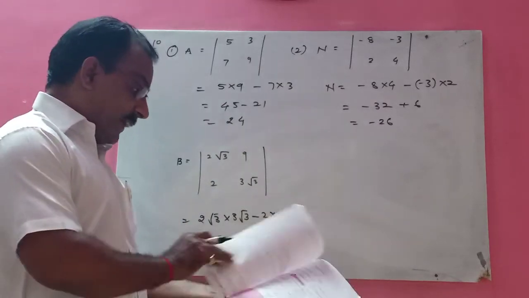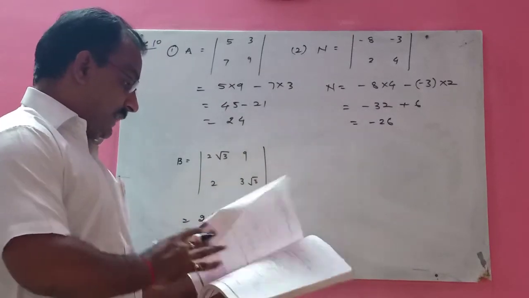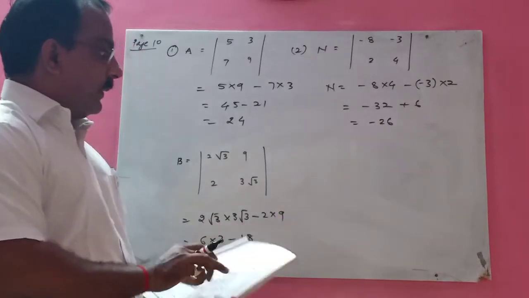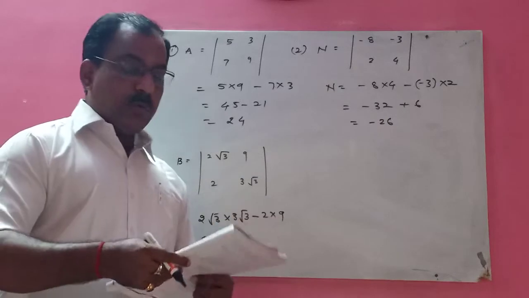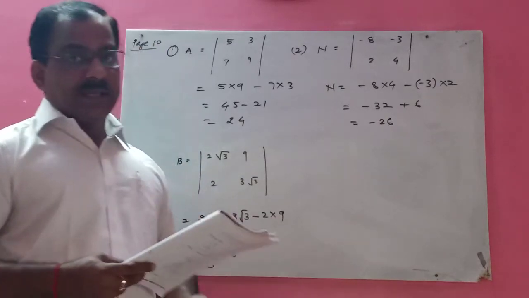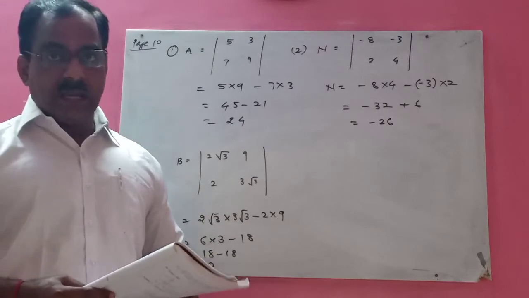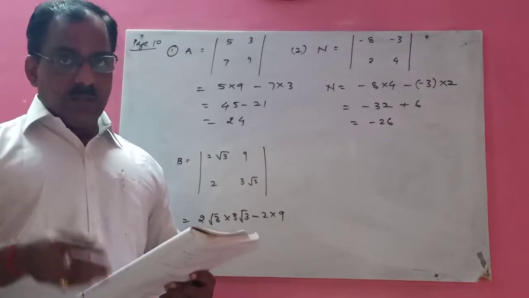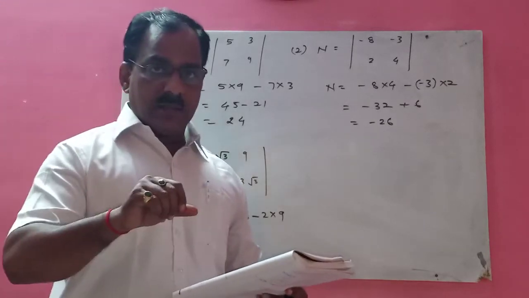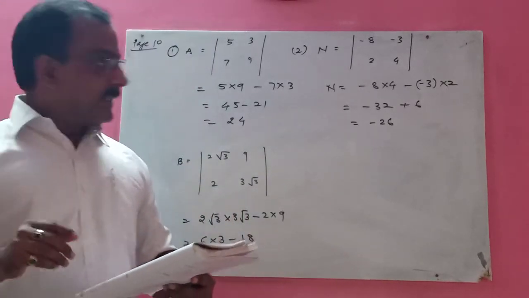Like that, children, they have given one sum on page number 14. Page number 14, you have to find out the values of x and y by Cramer's rule, 3 marks questions. Find out the values of x and y. You have done graphical method, simultaneous method.